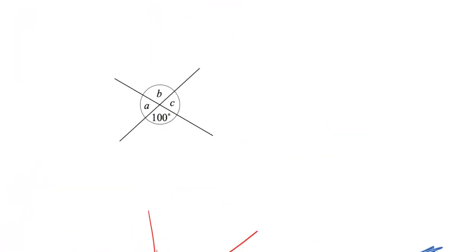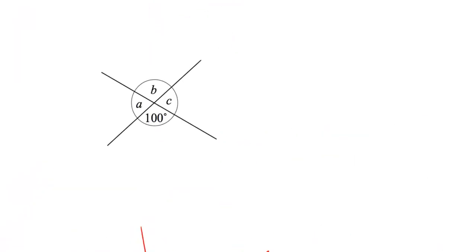Right, so let's take a look at this situation here. We've got to find the angles A, B, and C. Well, I don't know what's easiest to do first. Certainly B has to be 100 degrees because opposite angles are equal. If we consider any one of these straight lines, let's just take that one, we know angles on a straight line must add up to 180.